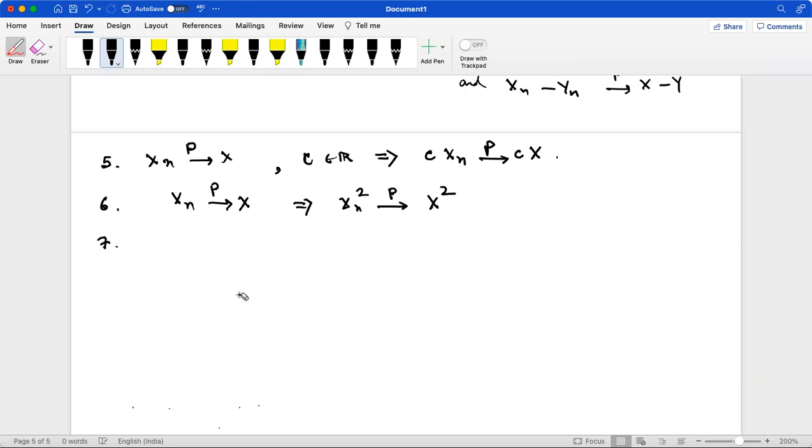The seventh one is slightly tougher. If xn goes to a in probability and yn goes to b in probability, where a and b are real constants, then this implies that xn yn goes to ab in probability.